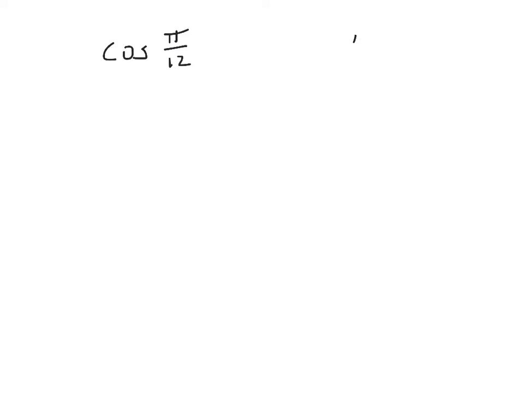So why don't we take pi over 12 and convert it into degrees? And I can convert radians into degrees by multiplying by 180 over pi. Pi's cancel. You can do 180 divided by 12 on your calculator. That's going to give you 15 degrees. So the cosine of pi over 12 is the same thing as the cosine of 15 degrees.